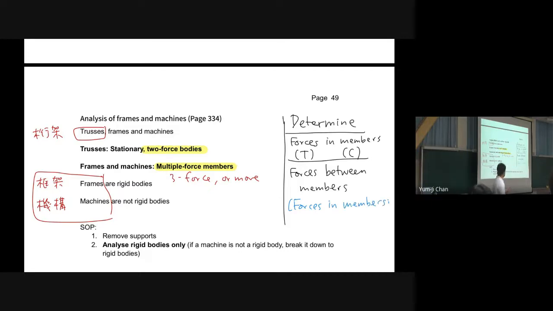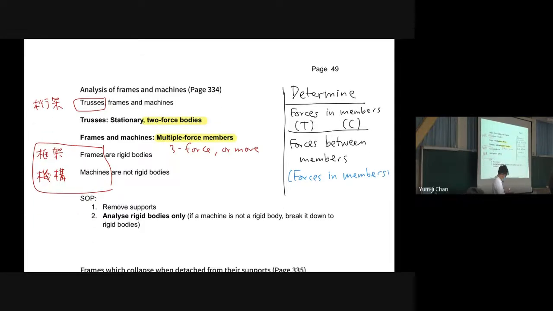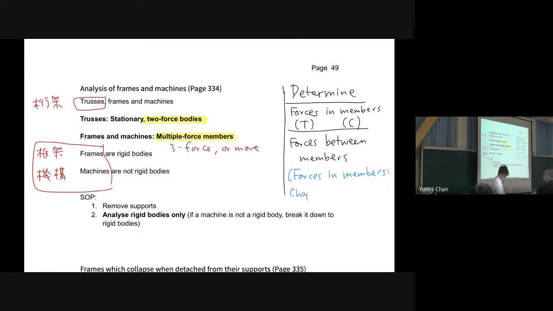That is in chapter 7 of the book, and we will not do chapter 7 in this course. You will do internal forces in next year's mechanics of materials.